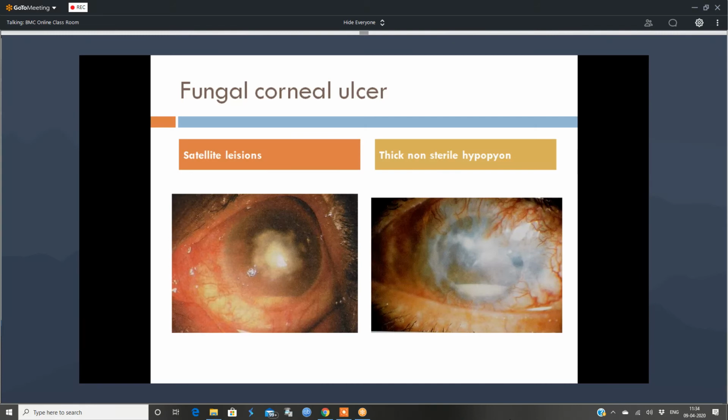But unlike bacterial ulcer, in a fungal ulcer the hypopyon is not sterile. It is non-sterile because the fungal hyphae invade into the anterior chamber. So the hypopyon is non-sterile and it is thick, because fungal hyphae are there inside the hypopyon.